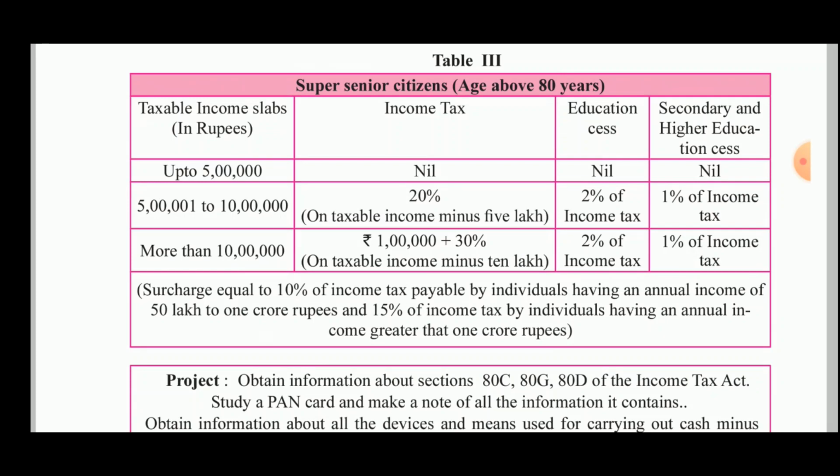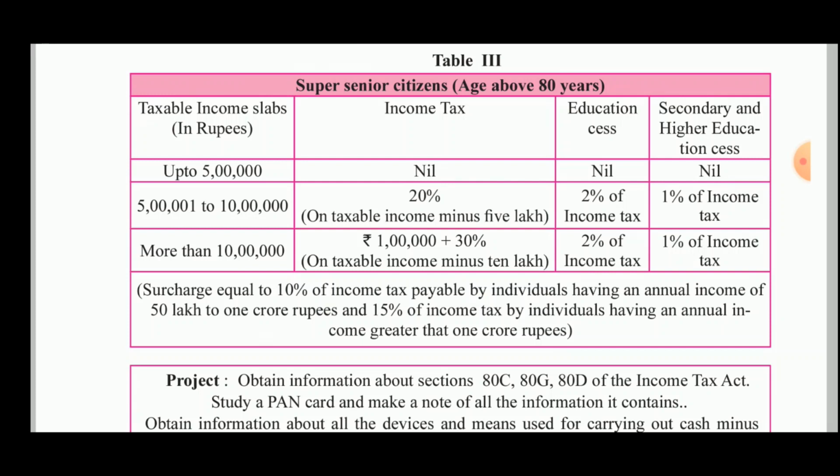Now for table 3, meaning for the super senior citizens, that is age above 80 years: taxable income slabs up to 5 lakhs, it is nil, education cess is also nil, secondary and higher education cess is also nil.